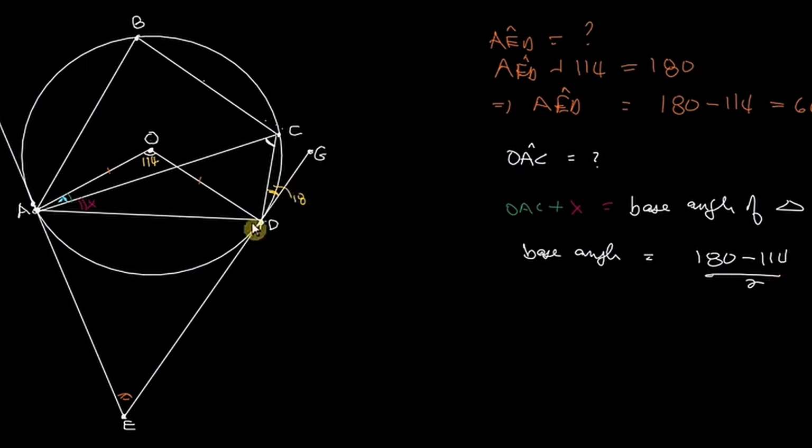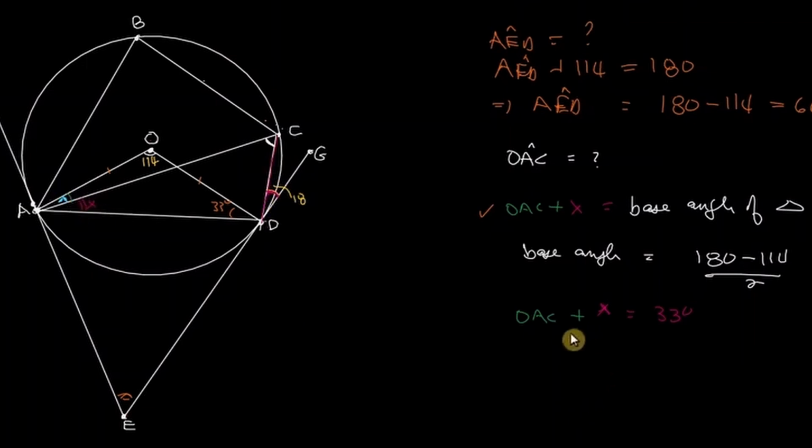Let's identify these angles here. So this angle is a base angle, 33 degrees. And X plus the unknown is also equal to 33 degrees. So we could go back to this point here and write again that OAC plus angle X is equal to 33 degrees. Okay, so what is angle X? Now, if you notice from our illustration earlier, angle X is actually equal to 18 degrees, because the angle between the tangent and the chord is equal to the angle in the alternate segment.